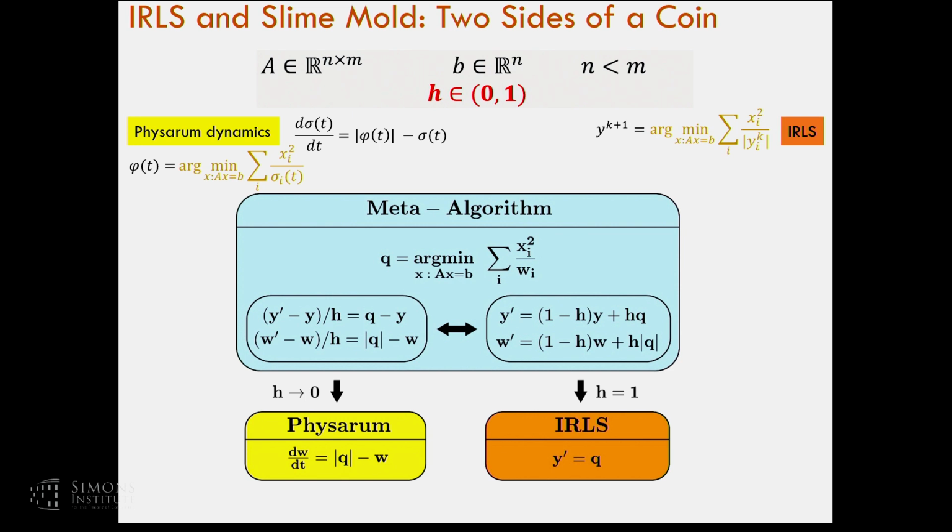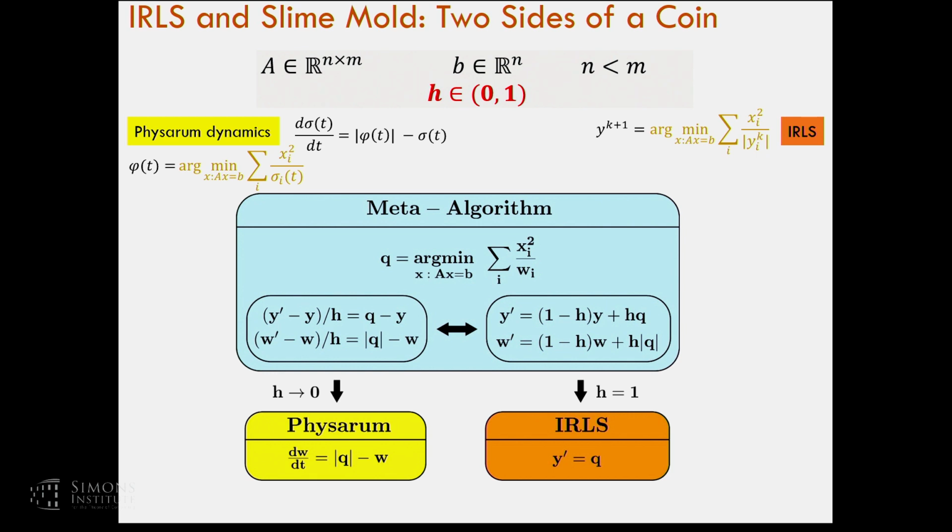So you have the y variables and the w variables. Think of w variables as the width variables, or these sigma variables. And the update is the following. With respect to the weights w, you find the least square solution in the subspace Ax equal to b, and then you do the following. You compute the new point y prime as a convex combination of the old point plus this flow vector that you have computed.